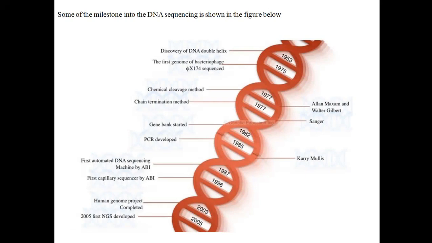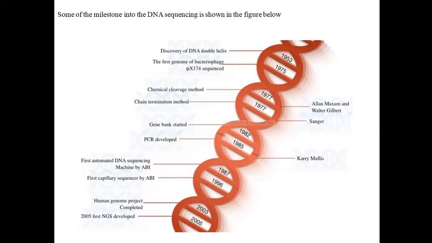So if you look at the milestones in the DNA sequencing process: in 1953, the discovery of the DNA double helix structure; in 1975, the first genome of a bacteriophage, X174, was sequenced; and in 1977, the chemical cleavage method to determine the DNA sequence was developed by the scientists Allan Maxam and Walter Gilbert.